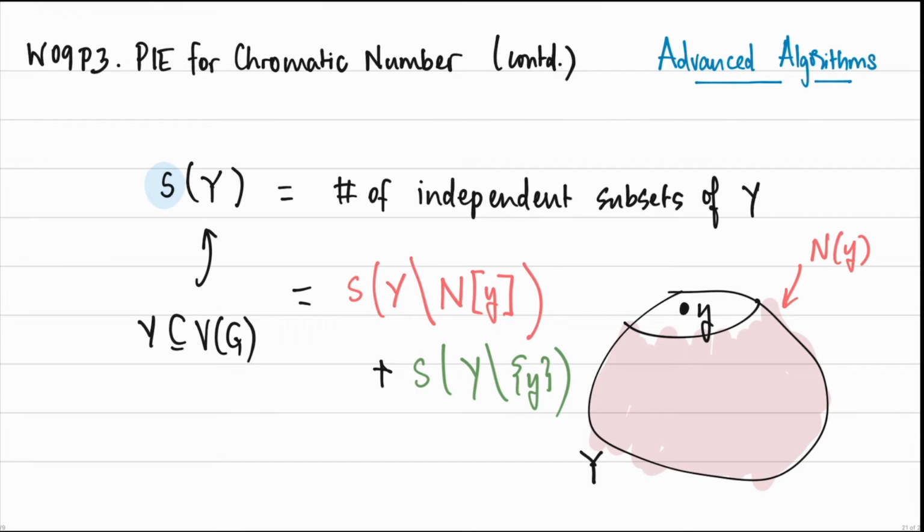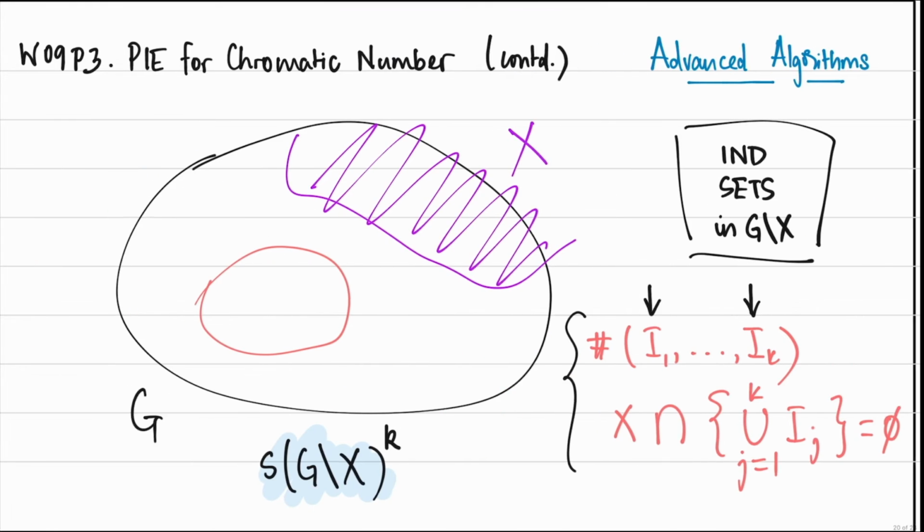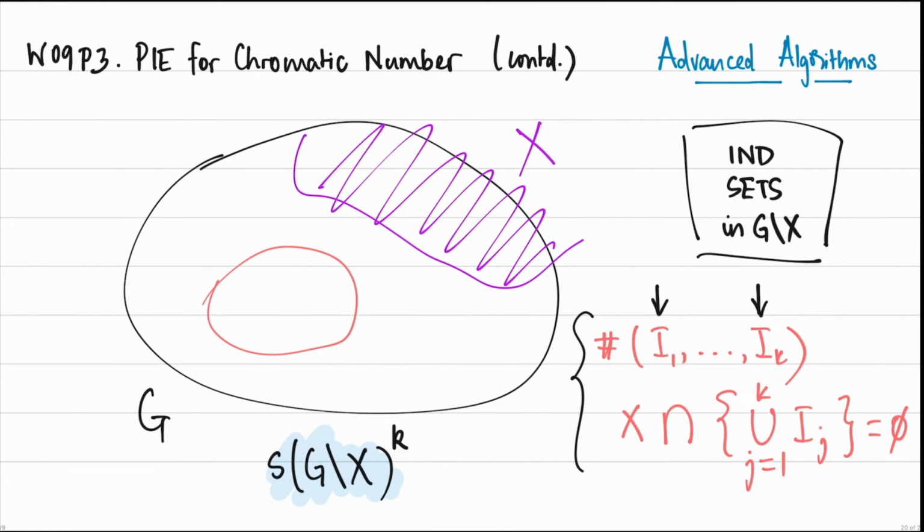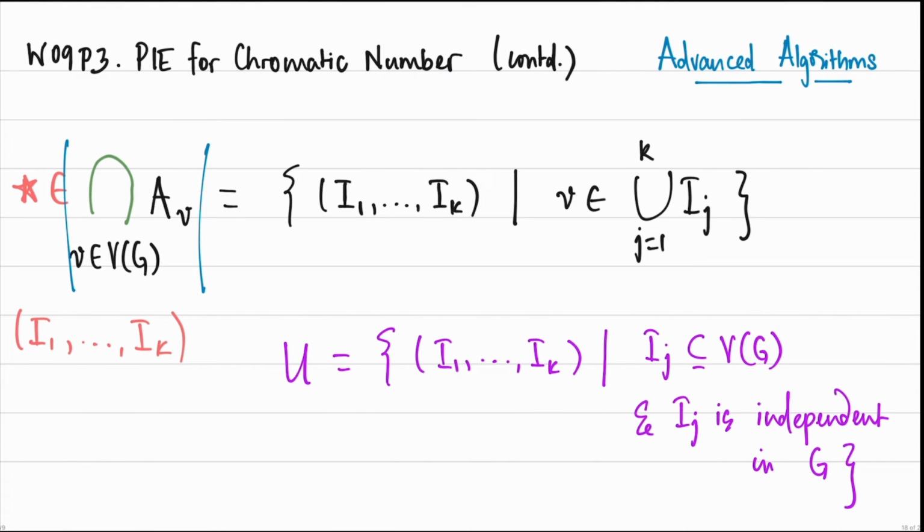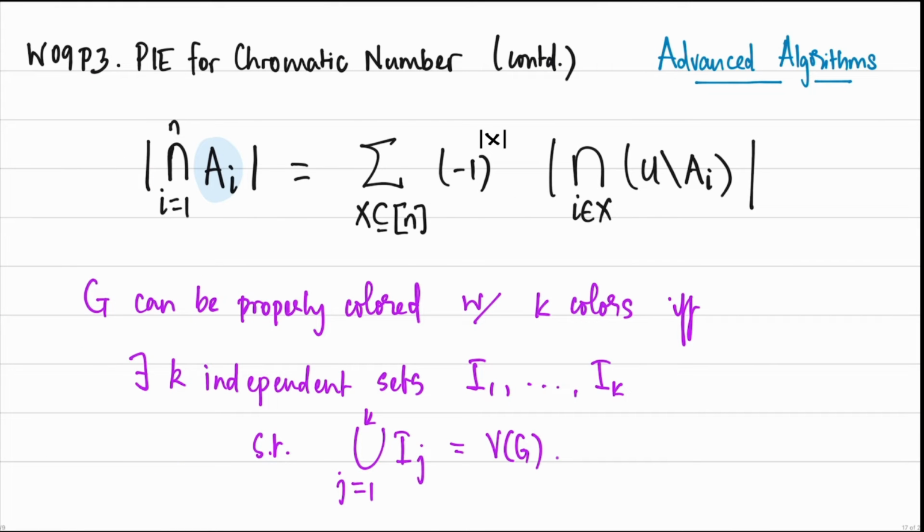Okay, so now that we have this DP table, we can pre-compute the values of S of y for all vertex subsets y, and then we can plug into our formula here the values S of y raised to k, where y is G minus X, or V of G minus X, when you are going over the term X, right?